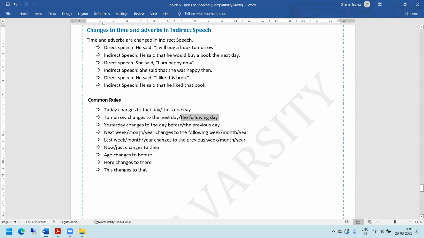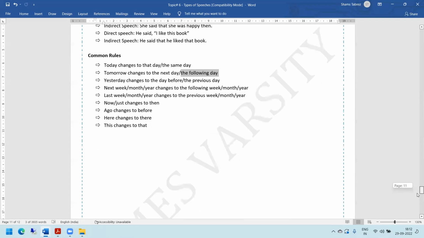Next week, month or year changes to the following week, month or year. Last week, month or year changes to the previous week, month or year. Now, right now or just changes to then. Ago changes to before. Here changes to there. This changes to that. So these are the common rules which we need to understand.